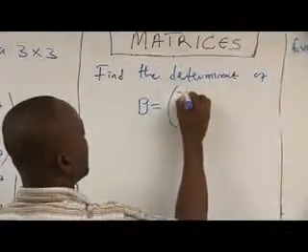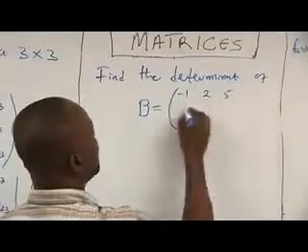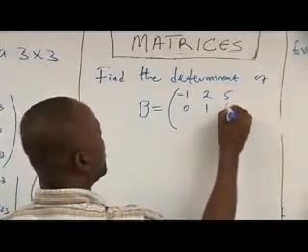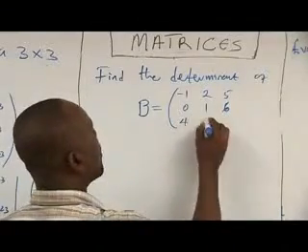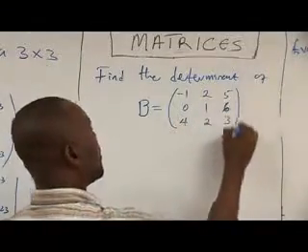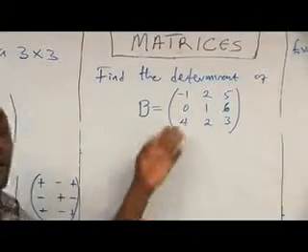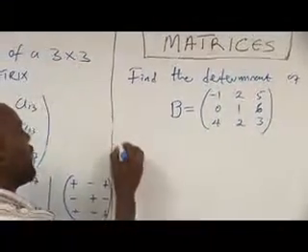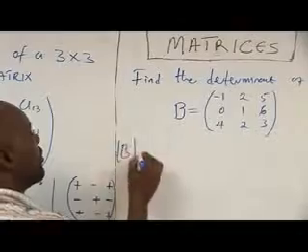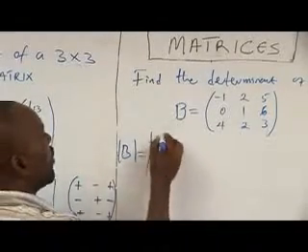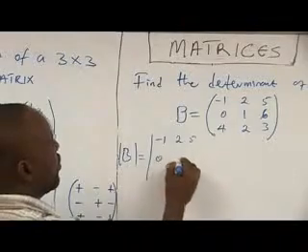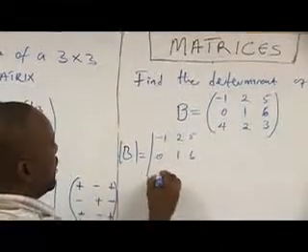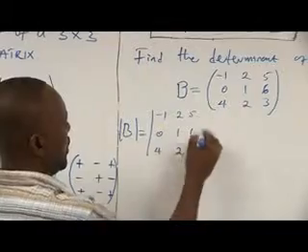Let's start with minus 1, 2, 5, 0, 1, 6, 4, 2, 3. That's the matrix we want to find the determinant of. So we are looking for the determinant of B, which is equal to this: minus 1, 2, 5, 0, 1, 6, 4, 2, 3.